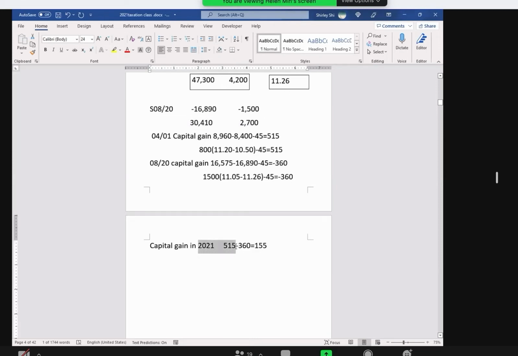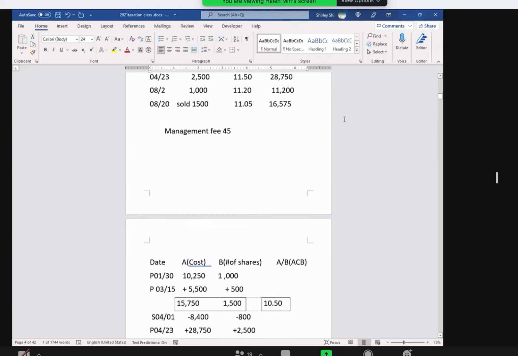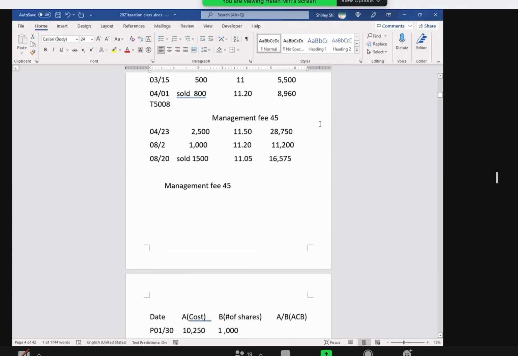You need to pay the 515 capital gain. There's no capital loss. You cannot subtract the capital loss because the transaction is within 20 days. So if you sell and purchase within 20 days, you don't count capital loss. So that's the special rule.